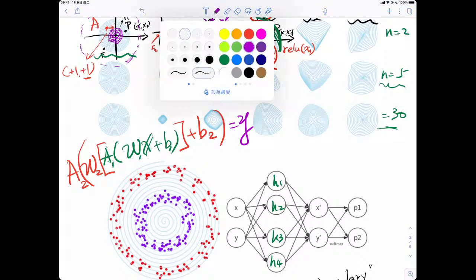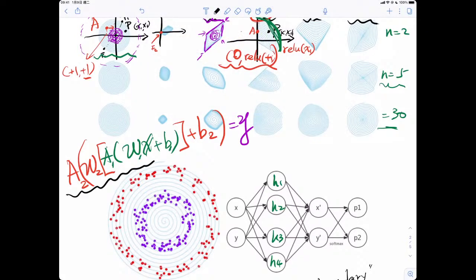Sometimes we can use a very simple mathematic representation to represent, for example, a two-layer neural network, right? Okay, so basically, the A right here, the activation function we used right here, they try to squeeze, push the input data, and map, or transform, the data to a new linear space.